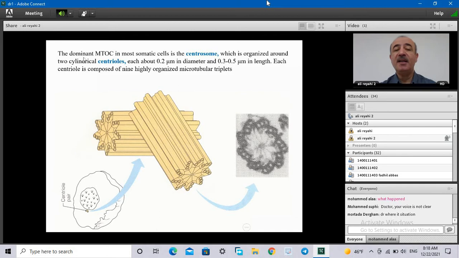The dominant MTOC in most somatic cells is the centrosome, which is organized around two cylindrical centrioles. The centrioles and the cytoplasm around them are called the centrosome. Each centriole is about 0.2 micrometer in diameter and 0.3 to 0.5 micrometer in length, and is composed of 9 highly organized microtubule triplets.